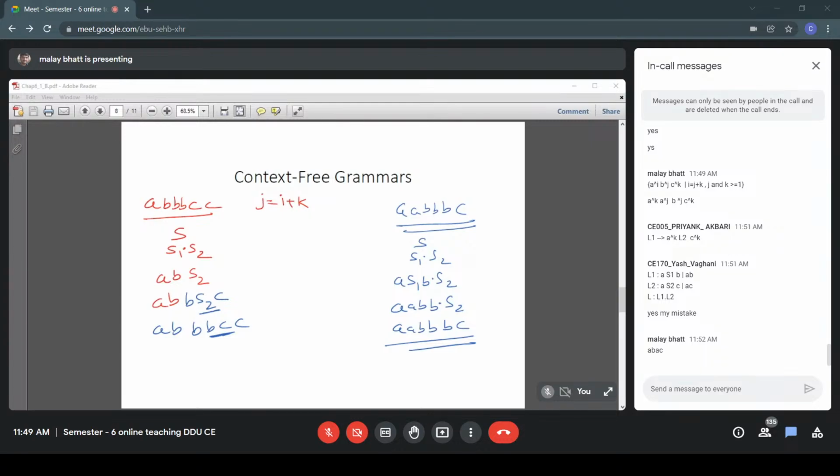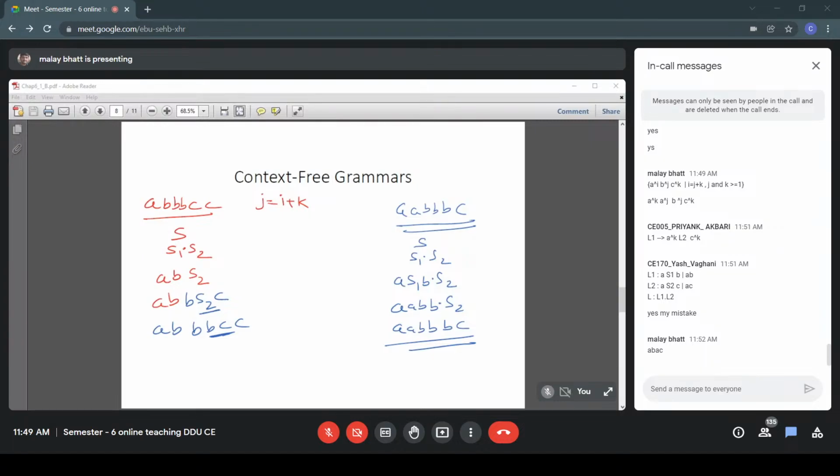So this is what you cannot do. But definitely what Priyank has mentioned, a raised to k, L2, c raised to k. So we need to generate a raised to j, b raised to j inside this a raised to k, c raised to k. So according to that, we should write a grammar.